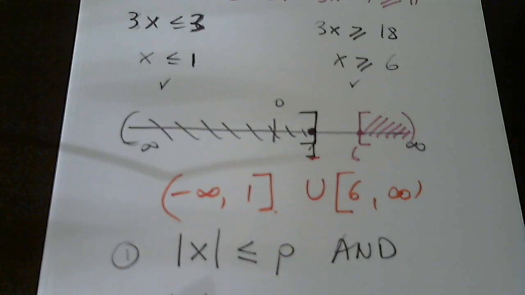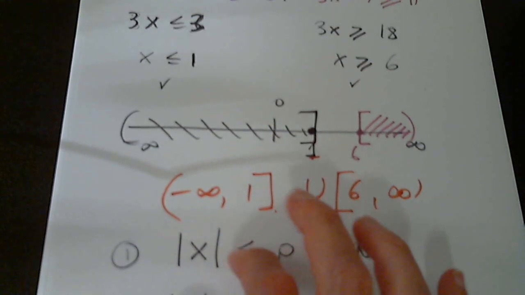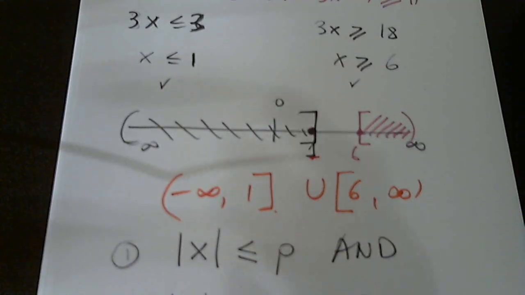The or is this one. Obviously more difficult because they are two separate inequalities and I have to write that union thing. So once we understand the and the chain and how these translate, then it's going to be easy. But we have to understand the translation first. Okay, so let's start with an and.